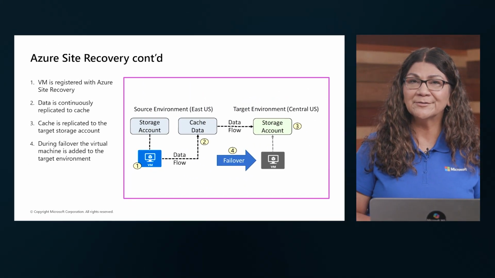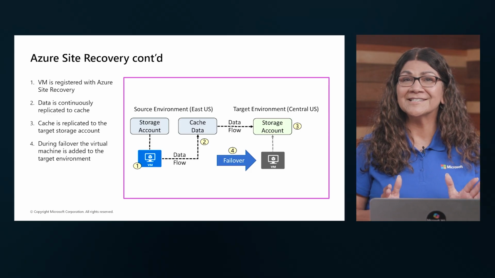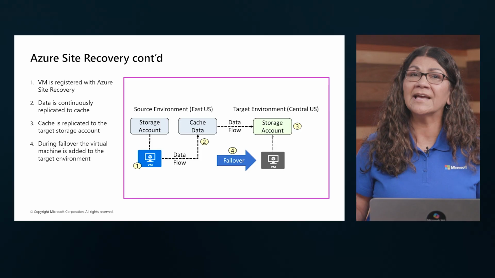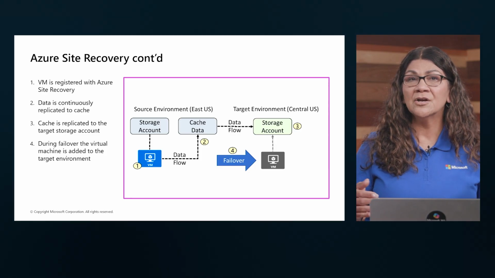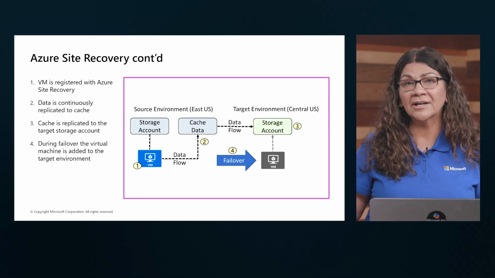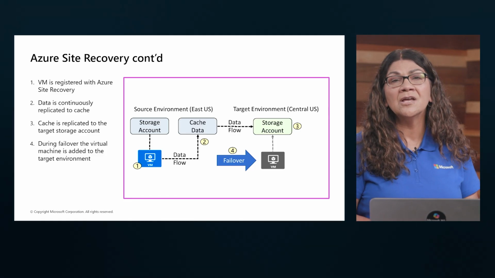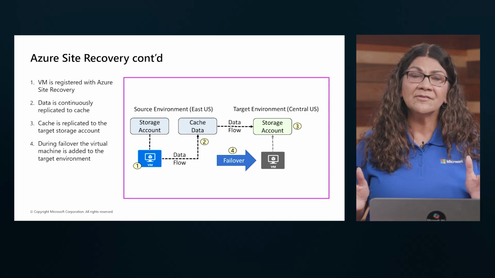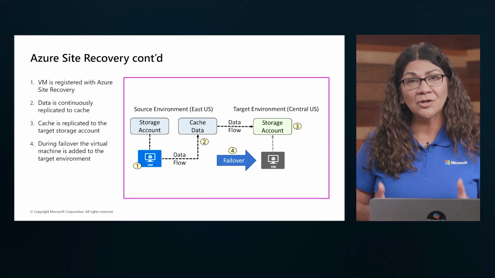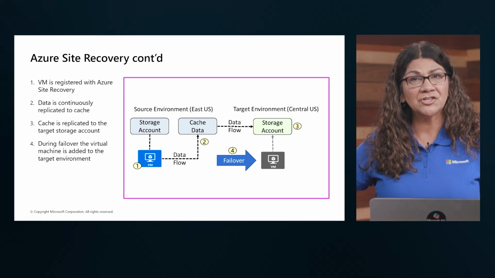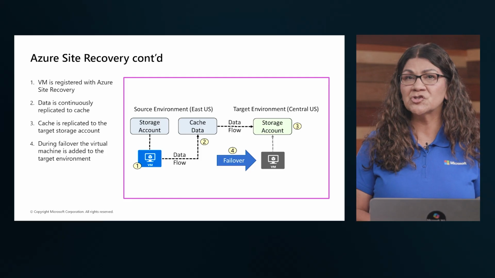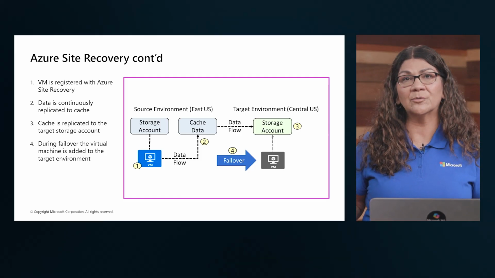Azure Site Recovery enables disaster recovery by continuously replicating virtual machine data from the source environment, let's say East US, to the target environment, Central US. The process includes VM registration, caching replicated data locally, transferring it to the target storage account, and then initiating failover to restore operations in the target region.